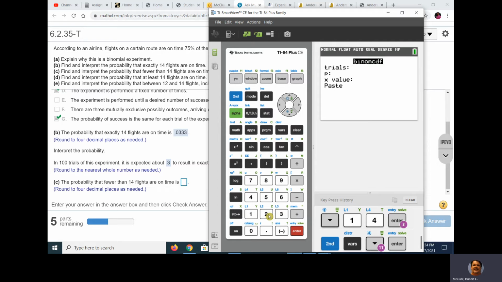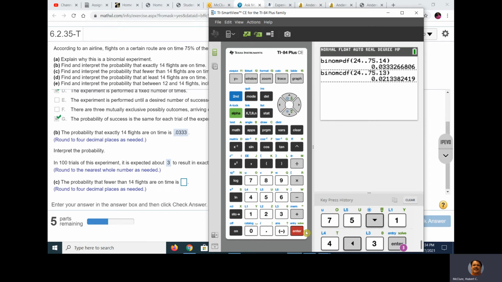So 24, 0.75, and 13. Now the reason I'm not including 14 is because it says less than 14.